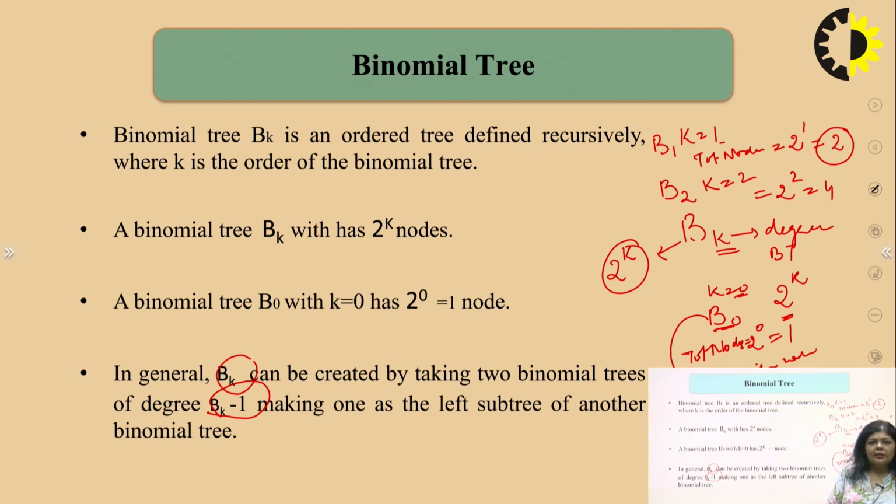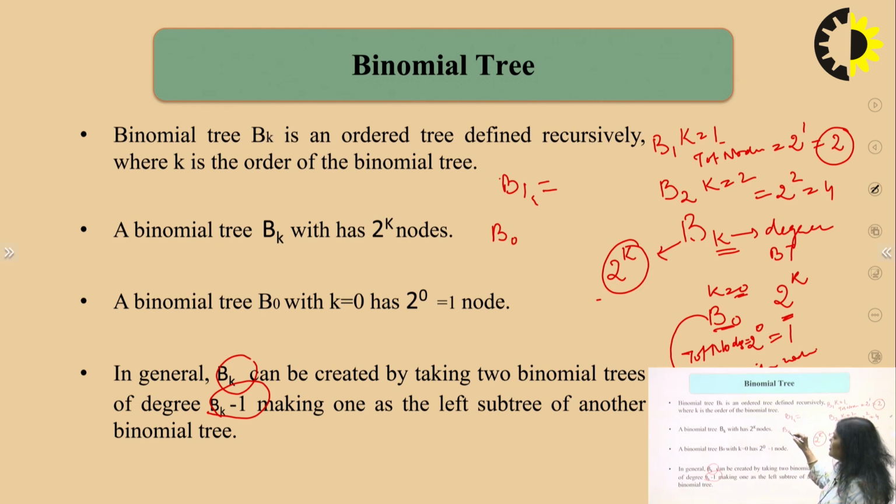So, for example, if I need to create a binomial tree with degree 1, to create B1, what do I need to do? With this property, how are we going to create a binomial tree with degree 1? For this I need two binomial trees with degree 0.